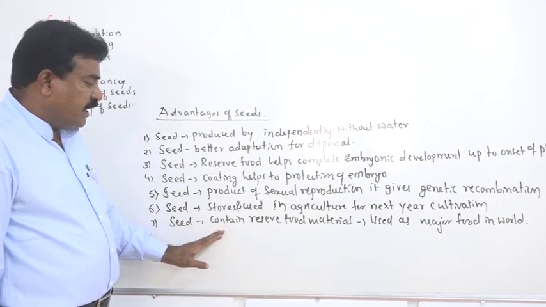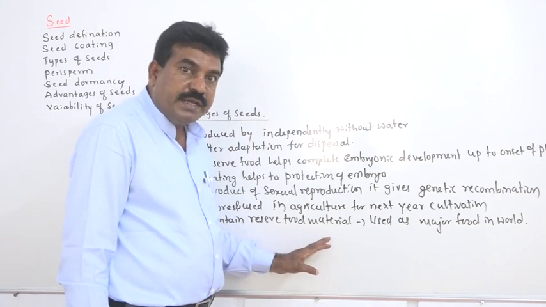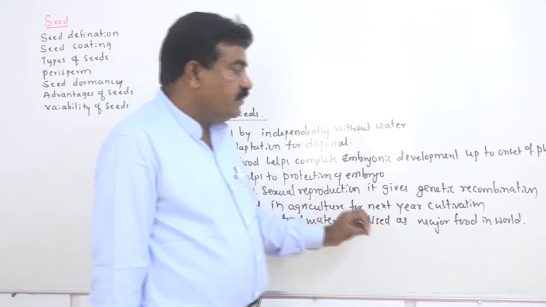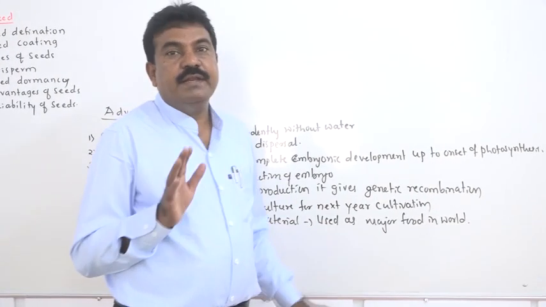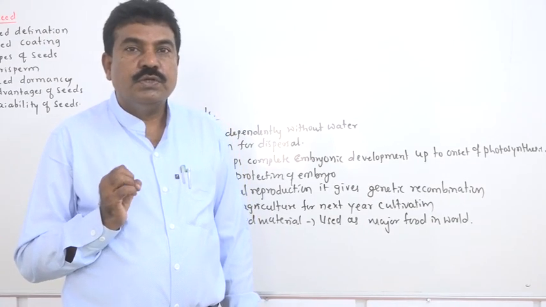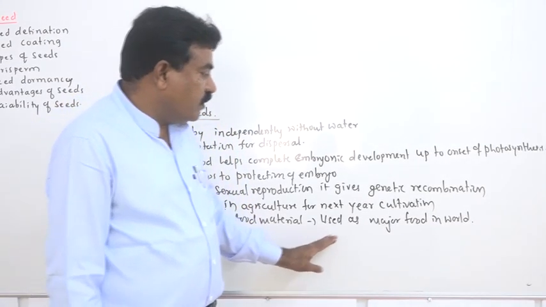But seed contains a huge amount of reserve food material, and it is used as a major food in the world, not only by human beings, but all animal groups also get nourishment in the form of seeds.